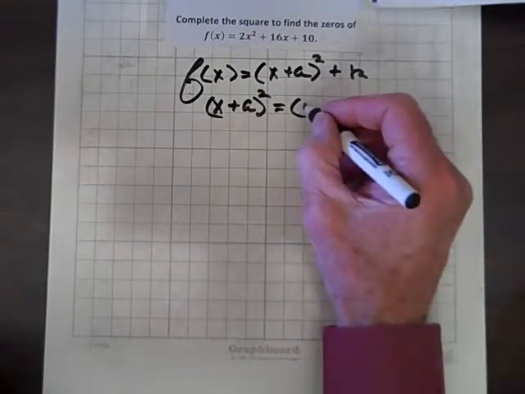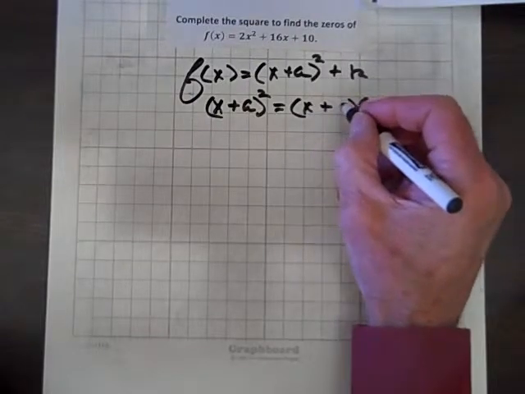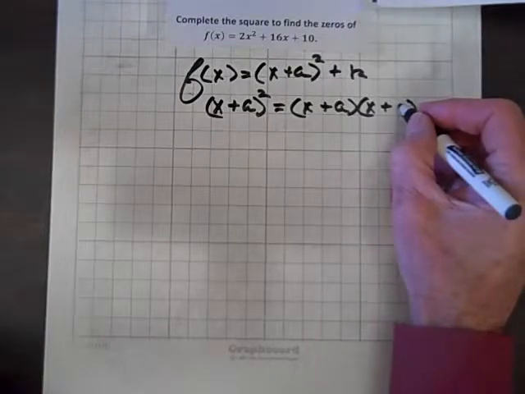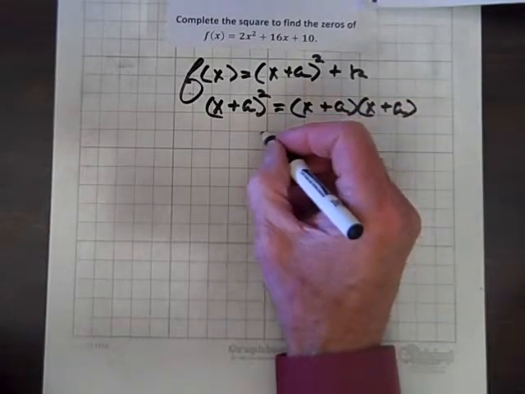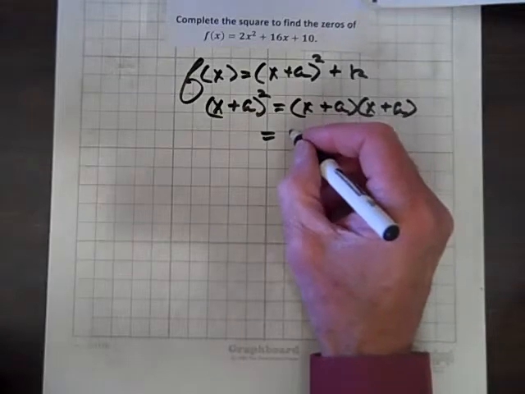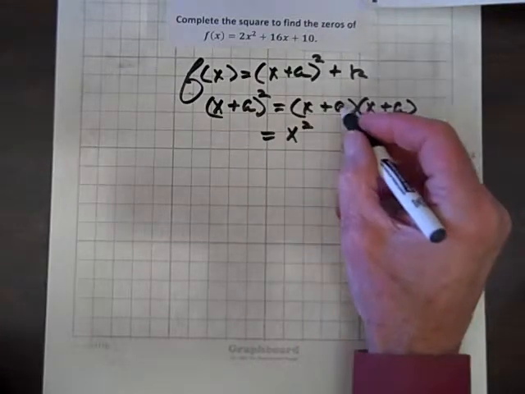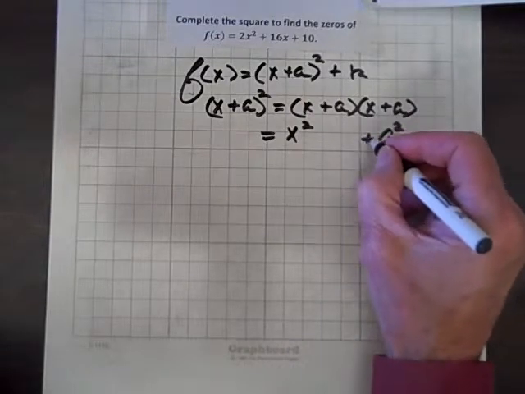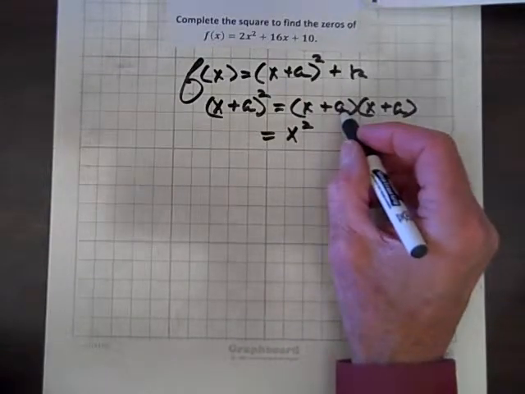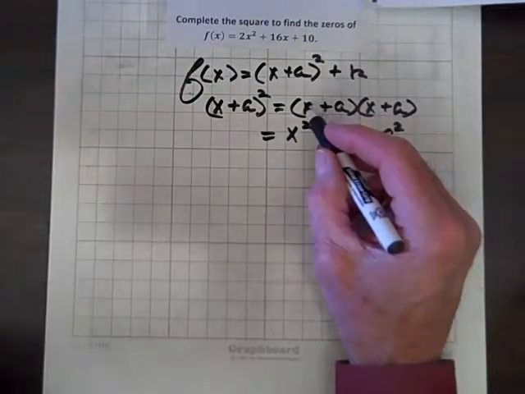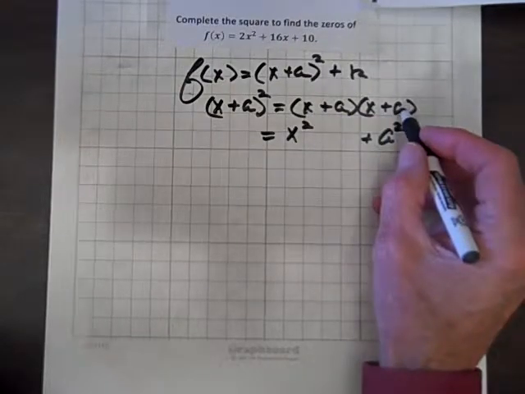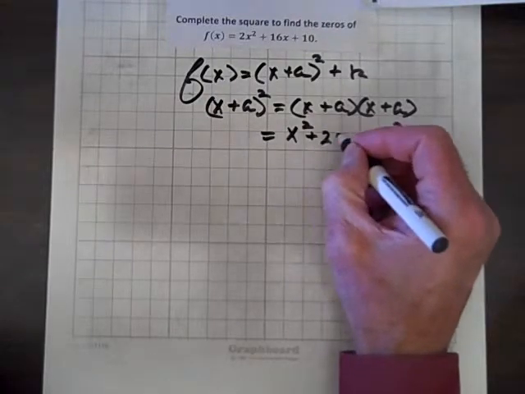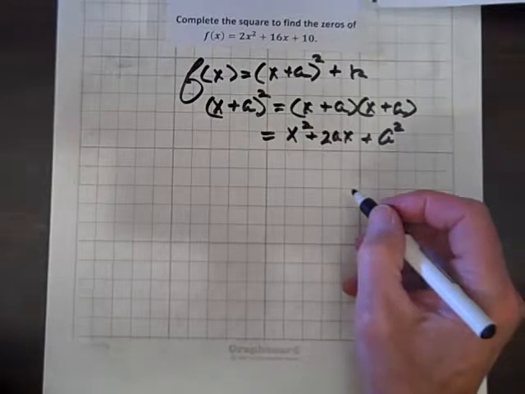We'll write it as 2 factors, then we'll expand it using the FOIL method. So the product of x and x is x squared, the product of a times a is a squared, plus, now this product ax plus this product ax added together gives us 2ax.